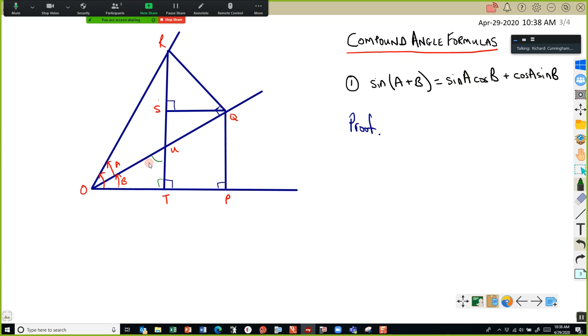Can you simplify that for me? Yeah, 90 minus B. This is 90 minus B because these two have to add up to 90, and add on another 90 that gives me 180. So then what is this angle here at U?